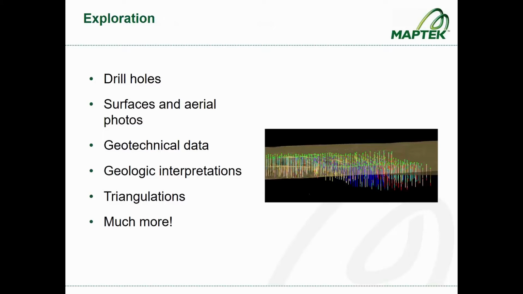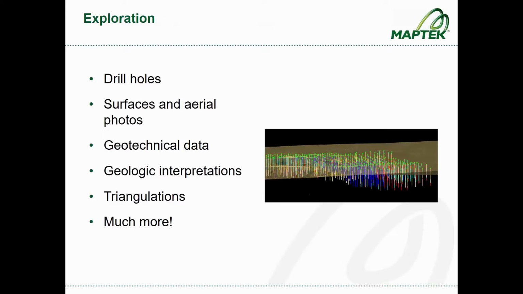And within those database tools, we have really powerful database validation tools where you can run through the standard checks for your database, things like overlapping intervals, duplicate hole IDs, things like that. I think it's really important, before you jump into the more glamorous parts of geostatistics and resource modeling, to spend a lot of time really validating your database, and Vulcan's got really good tools for doing that.